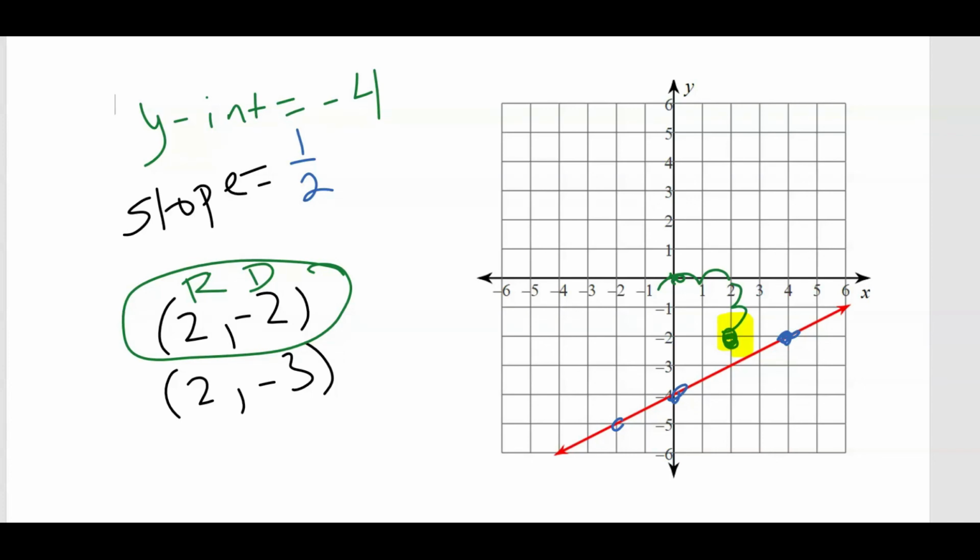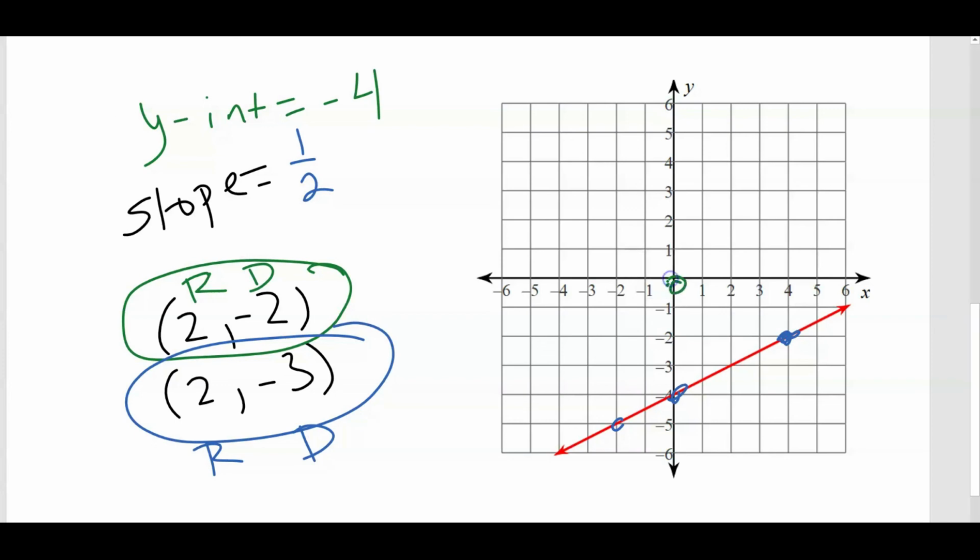Now, if I go to this next point, +2, -3, that's telling me to go right 2, down 3. If I follow those coordinates and put it on this graph, starting from the origin again, I always start from the middle of this graph. If I go right 2, down 1, 2, 3, you'll notice that I actually am on the line.